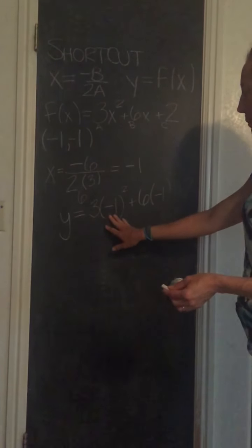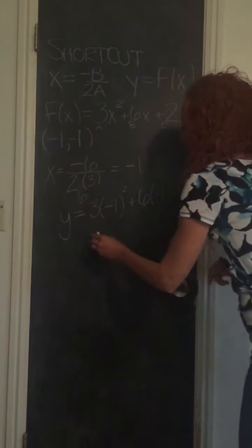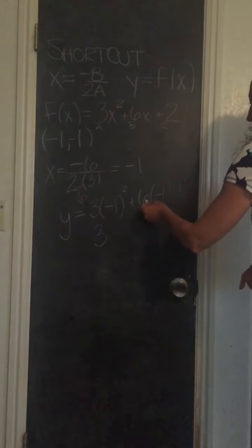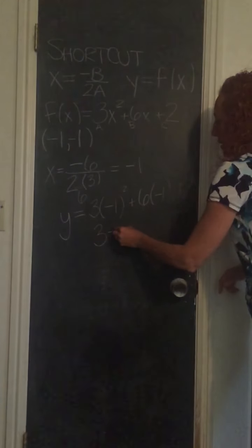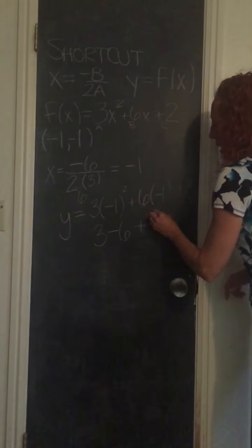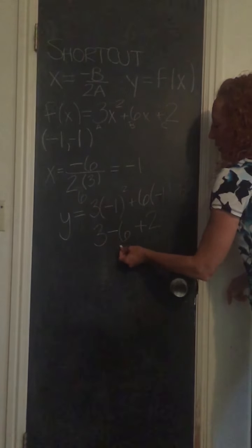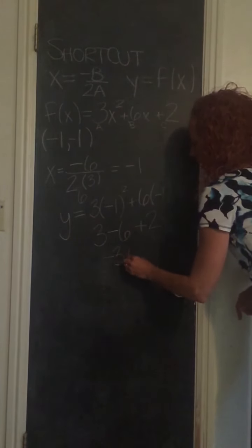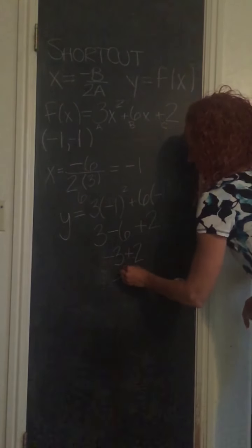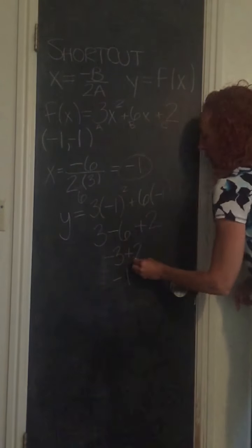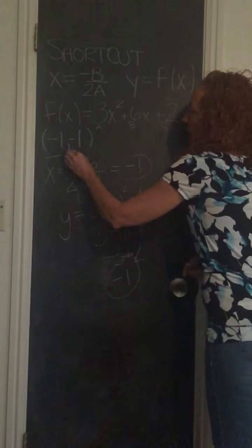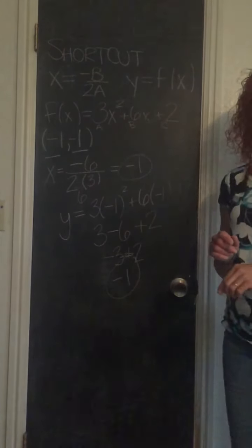Negative times negative is a positive 1. Times 3 is 3. 6 times -1 is -6. Add 2. 3 take away 6 is -3. Plus 2 is -1.